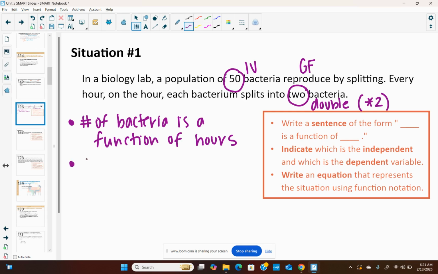The independent variable would be the number of hours, the time that's passed, because as the time changes, the number of bacteria gets more. So that time is the independent variable. And then the dependent variable is the number of bacteria.